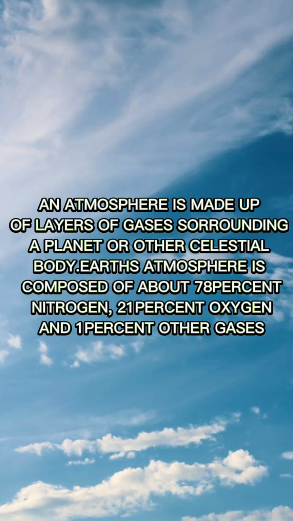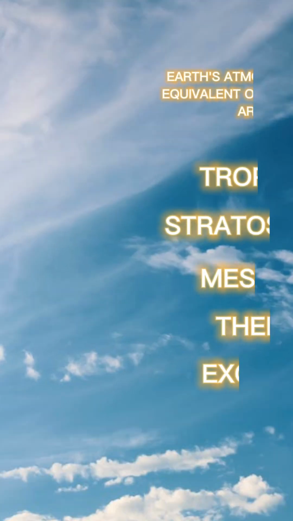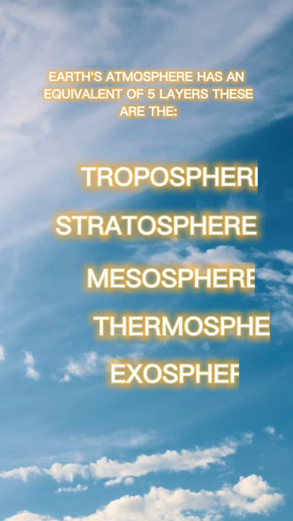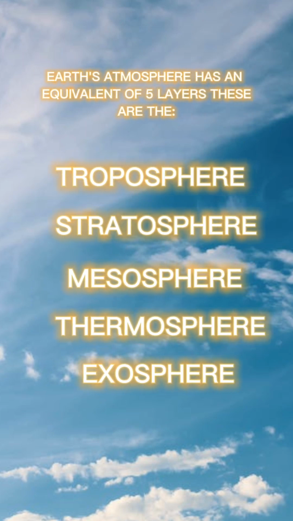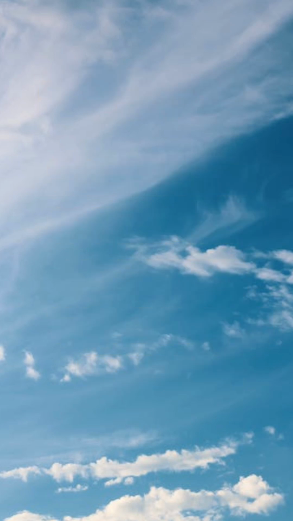Earth's atmosphere is composed of about 78% nitrogen, 21% oxygen, and 1% of other gases. Earth's atmosphere has five layers. These are the troposphere, stratosphere, mesosphere, thermosphere, and lastly, the exosphere.